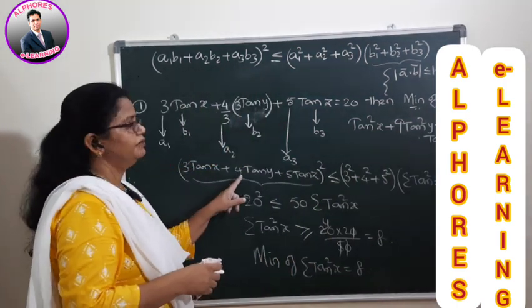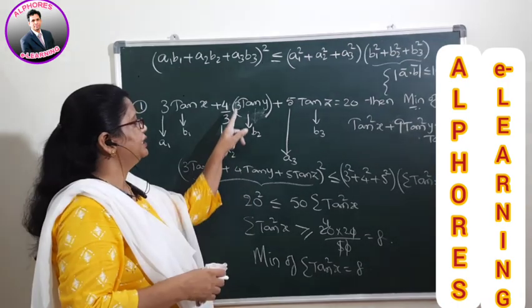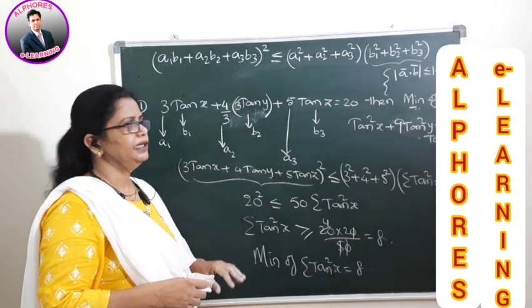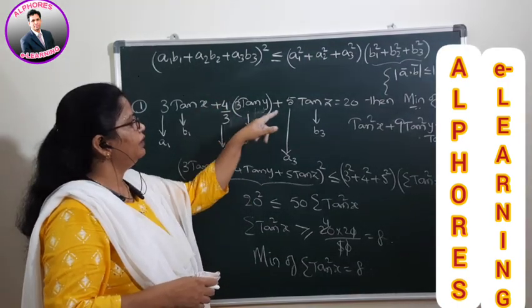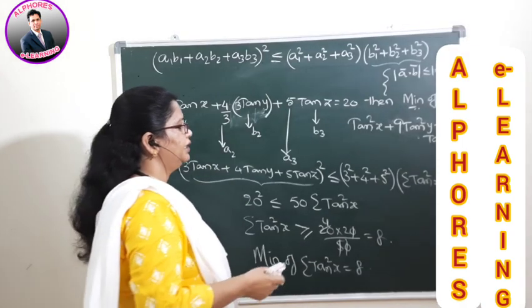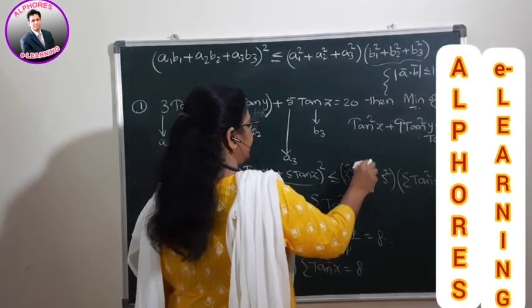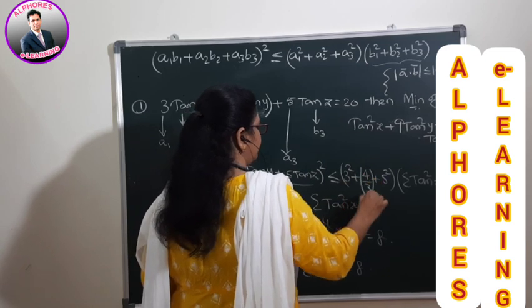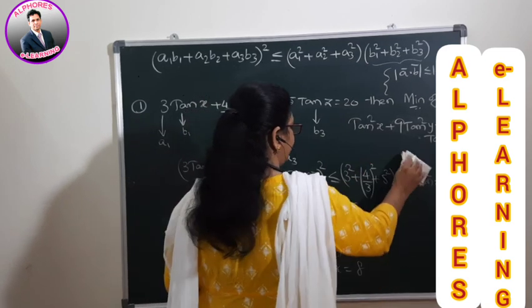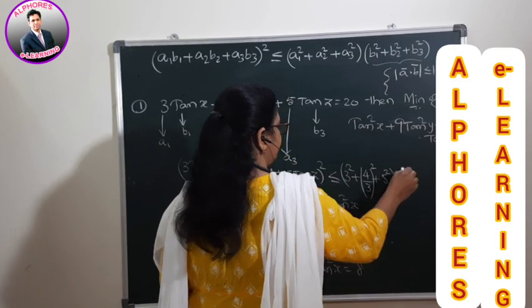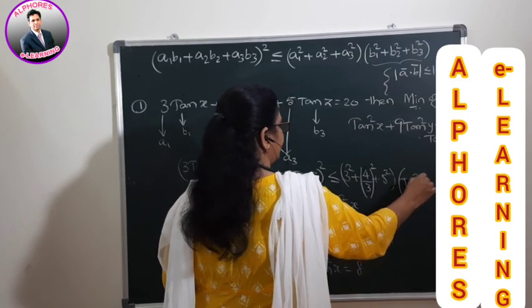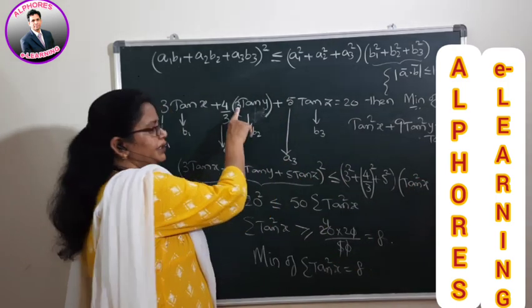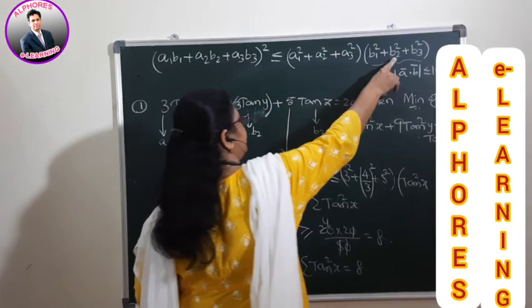Therefore, this entire value is as it is 4 tan y only, because the data is given in terms of that. And now this is 4 by 3 whole square, and this value is nothing but tan square x, plus 3 tan y whole square, that is b2 square.